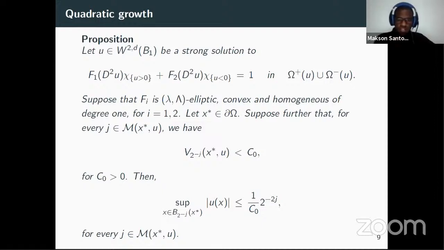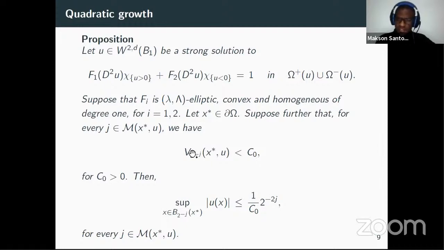Then we have this proposition. Let U be a solution to our equation. Suppose that Fi is lambda elliptic, convex, and homogeneous of degree 1. Let x star here in the interface, and suppose that for every j here in the set, we have that V is bounded from above by C0.